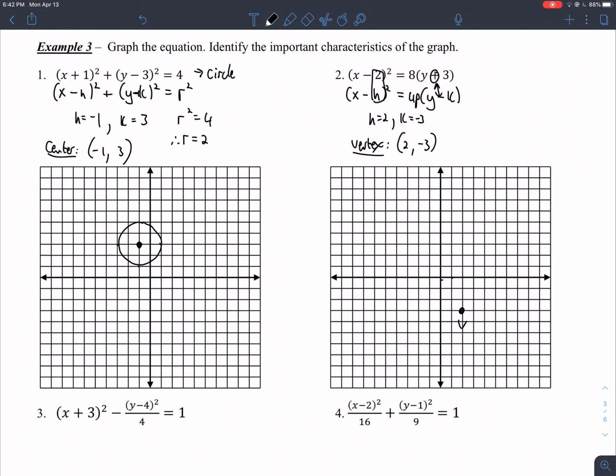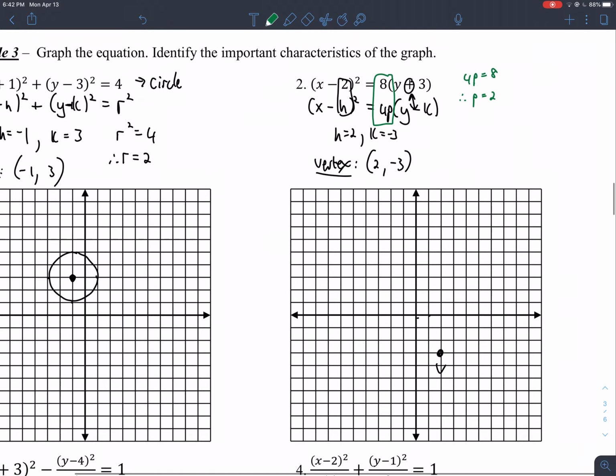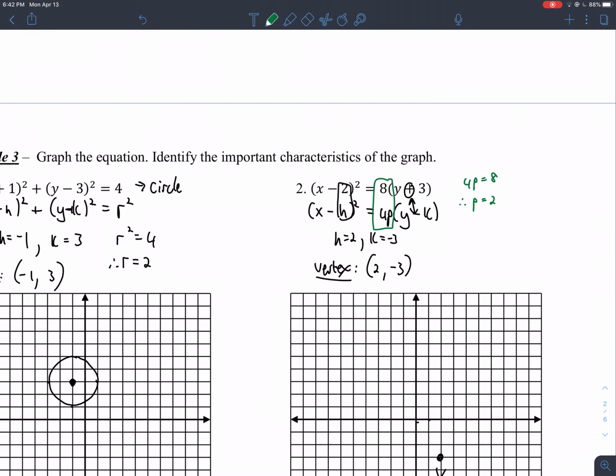Alright? So I go back here. I remember we had the p part here. And we said 4p is 8. That means that p is 2. So since p is positive, the parabola opens up. If p was negative, the parabola would open down. So again, because x is squared, this tells me it's a vertical parabola.